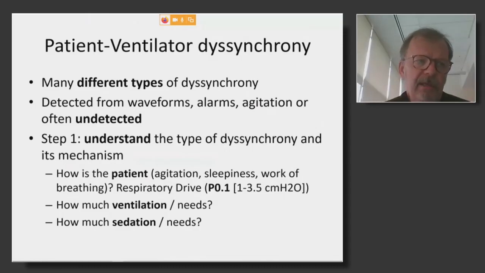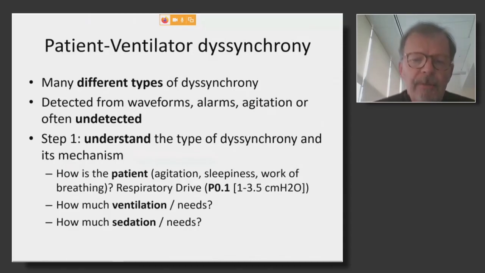And the parameter which can help you to understand that is the measure of respiratory drive, which we already discussed, which is the P0.1. A normal value would be between 1 and 3.5 centimeters of water. As you may remember, this is available on the ventilator. So first question, how is my patient in terms of respiratory drive?